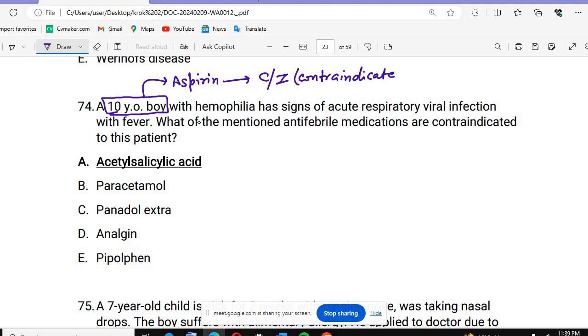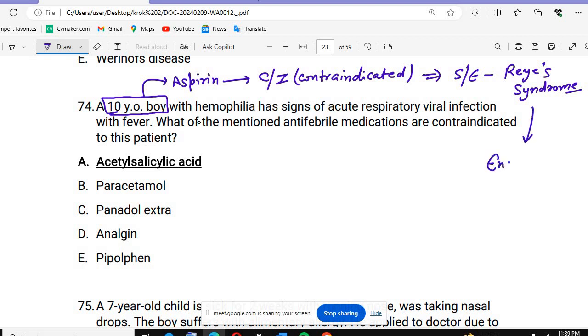Aspirin is contraindicated in children, because why? It causes the side effect, that is Reye's syndrome. That's why it is prevented. What happens in Reye's syndrome?